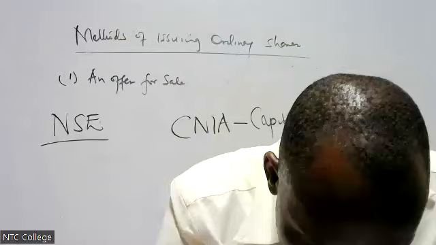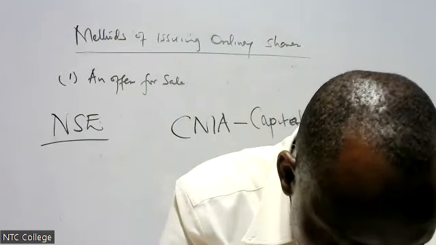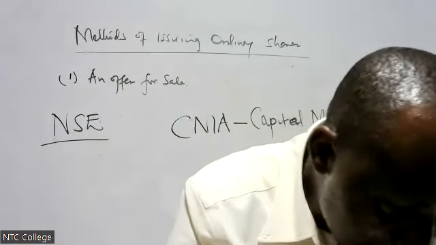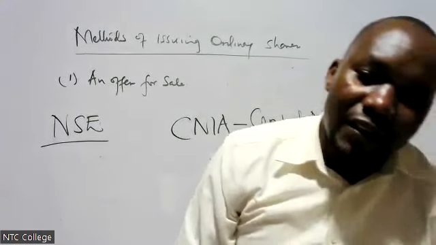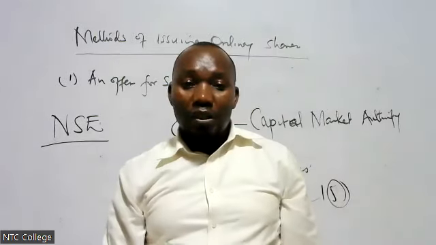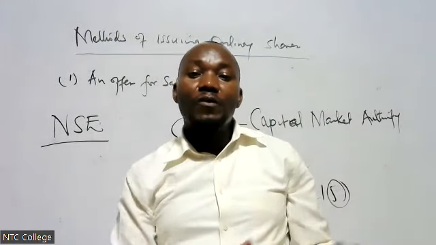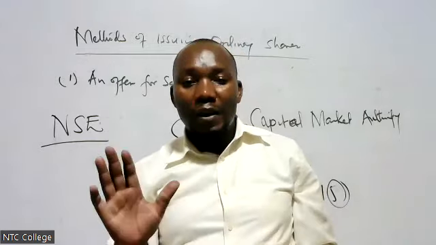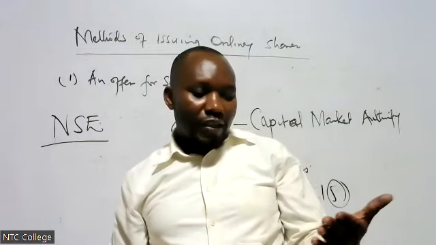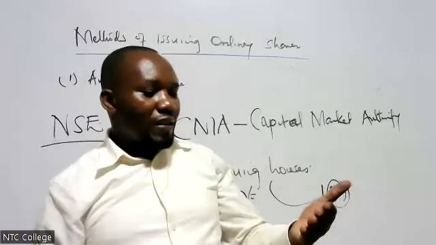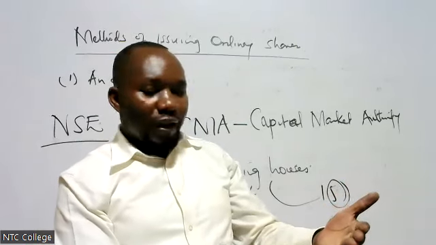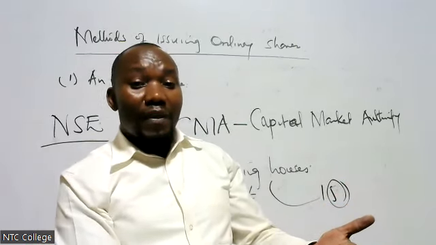They issue a prospectus, which invites the public to subscribe to its shares. I said that a prospectus is like an invitation. It is a document that you prepare to give to the people. It will show even the financial performance, so that when you're telling somebody, come and buy my shares, he's able to see how well you are doing. It is normally signed even by the auditors.